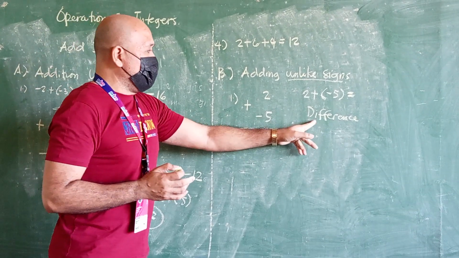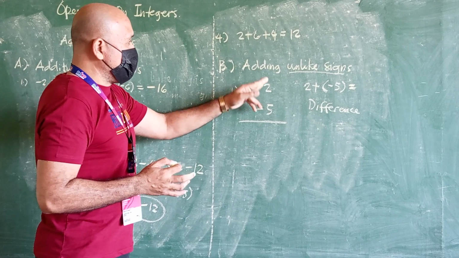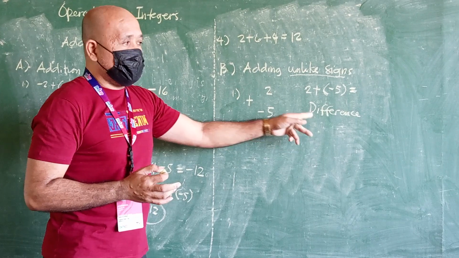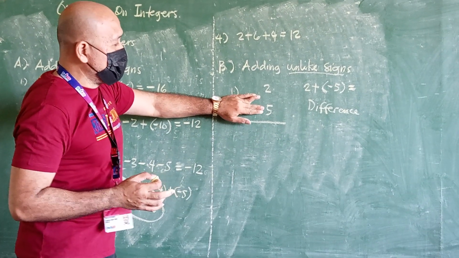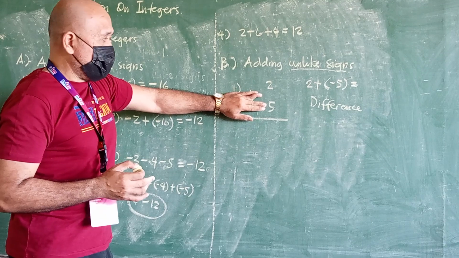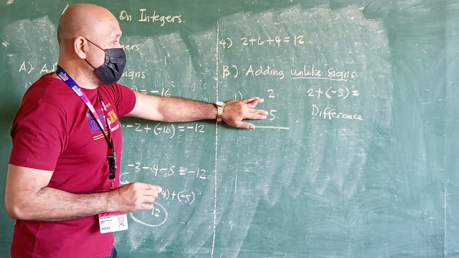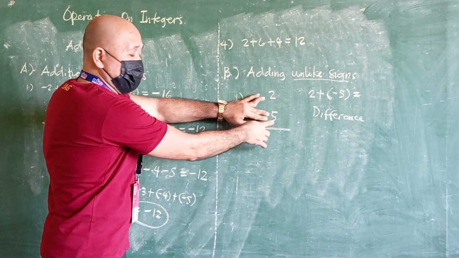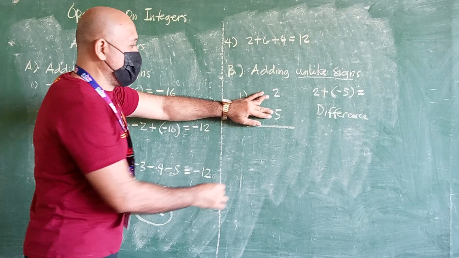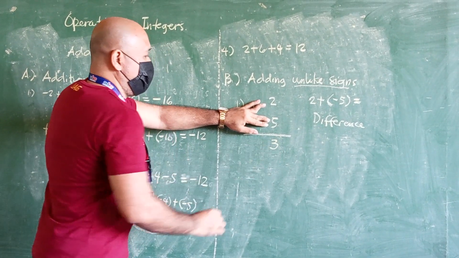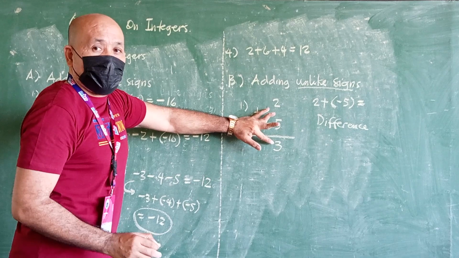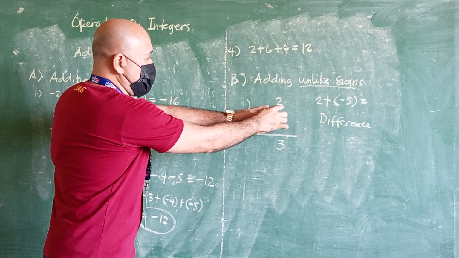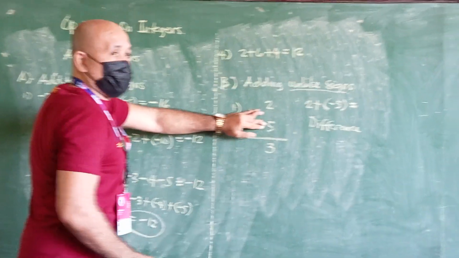Okay, so how are you going to get the difference? When you add two unlike signs, the thing that you're going to do is get their difference. How? Just simply cover the negative sign, and ask this question: what number should you add to 2 in order to get 5? The answer is 3, and that 3 will be your partial answer. Then try to compare the absolute values of the two integers.